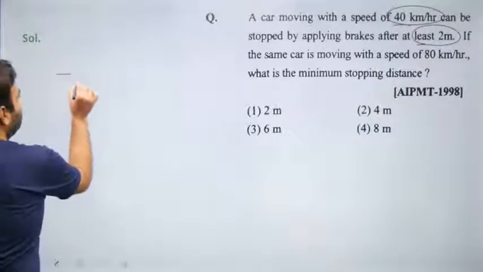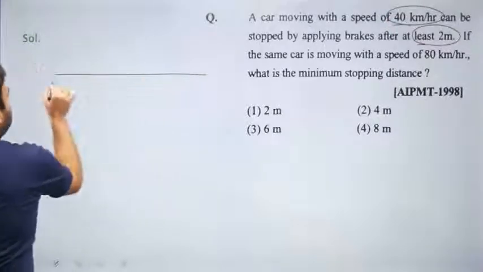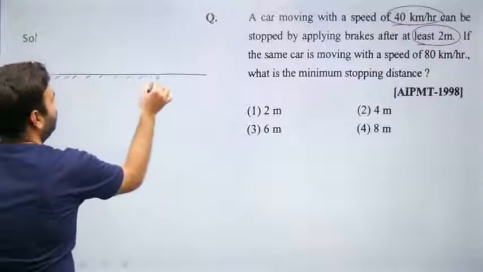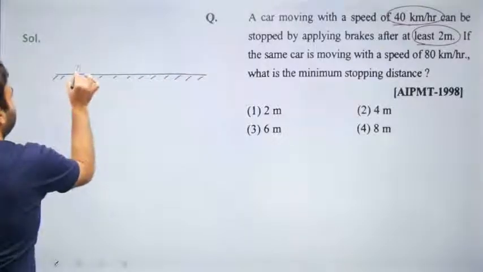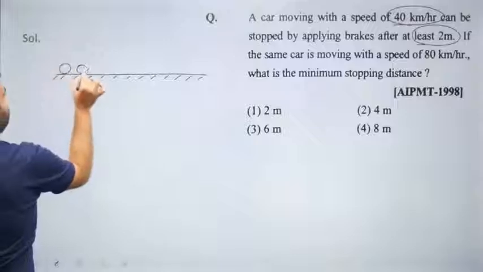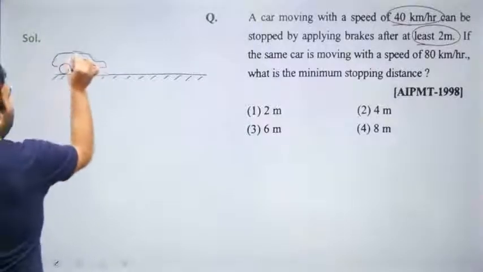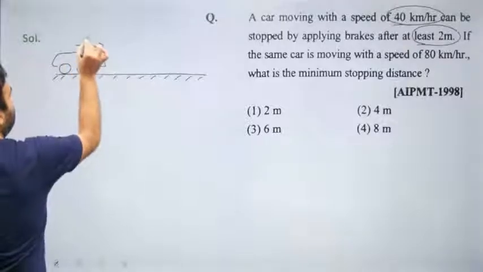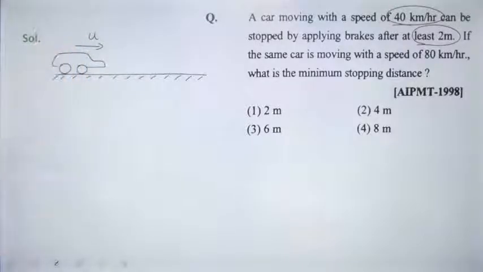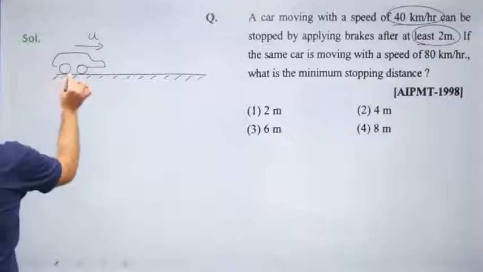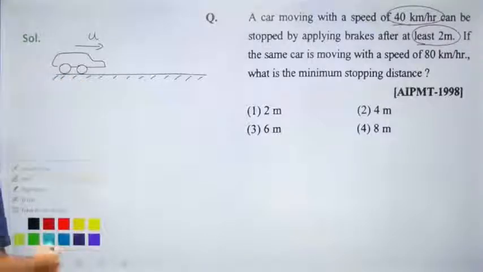Suppose this is the road on which our vehicle is moving. This is our vehicle. Suppose it is moving with initial speed u.